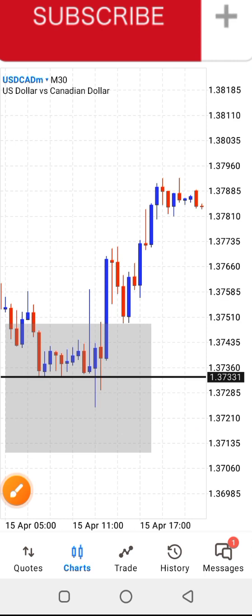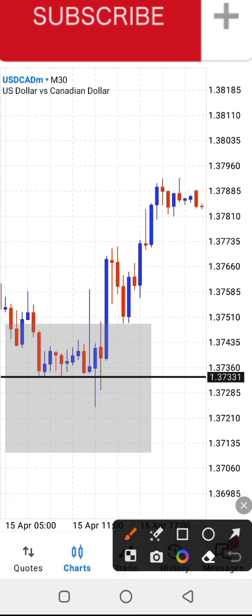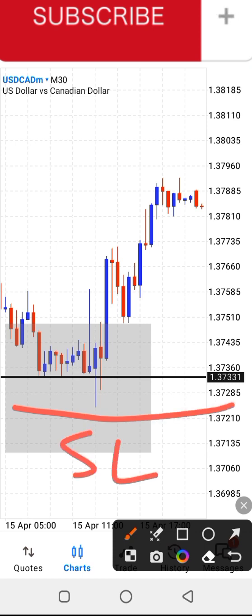Okay, so since the hammer formed above the level, I'm going to enter once the hammer is closing. Okay, so once the hammer closes, I'll enter. I can place my stop loss, SL, here, just below the tip of the wick of the hammer, and take my trade here to the upside.